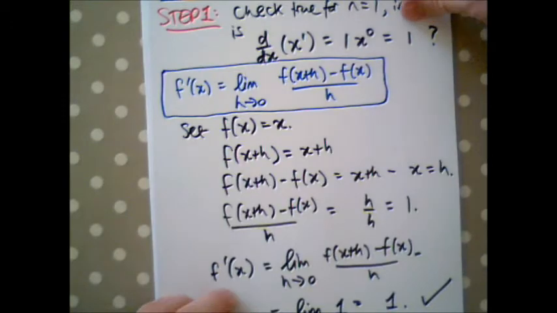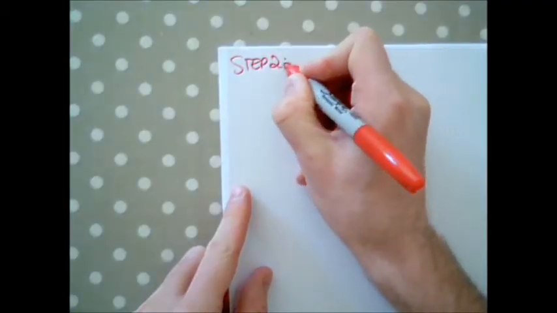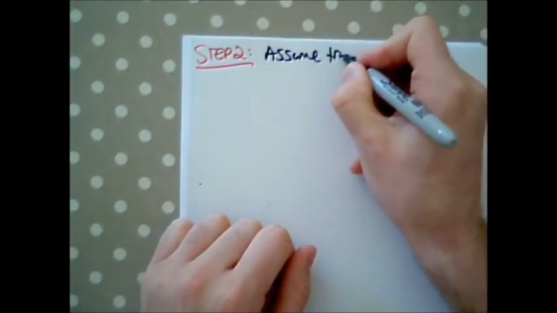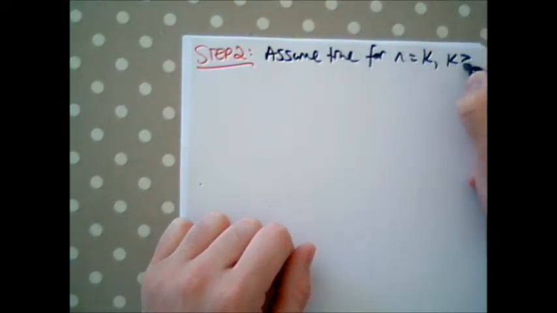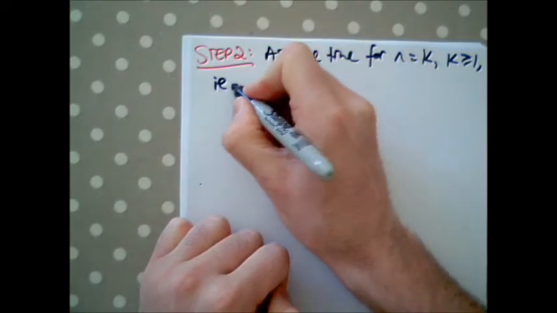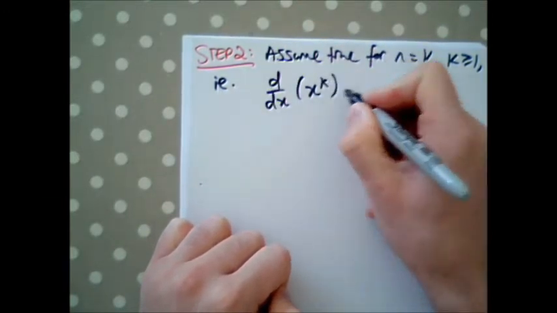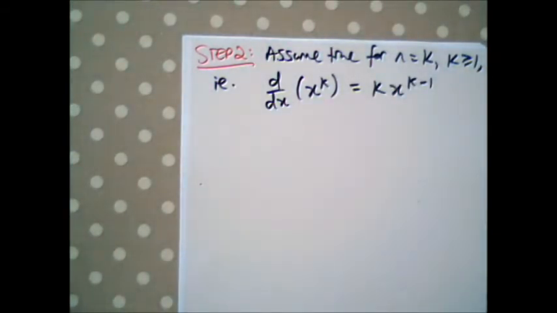So step 2 is going to be where we just say suppose it's true for n equals k. So step 2: assume true for n equals k, where k is bigger than or equal to 1, i.e. when you differentiate x to the power of k, you get k times x to the power of k minus 1.